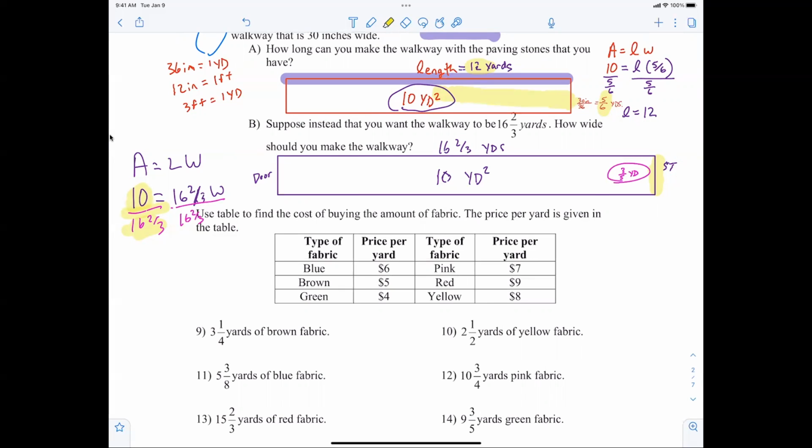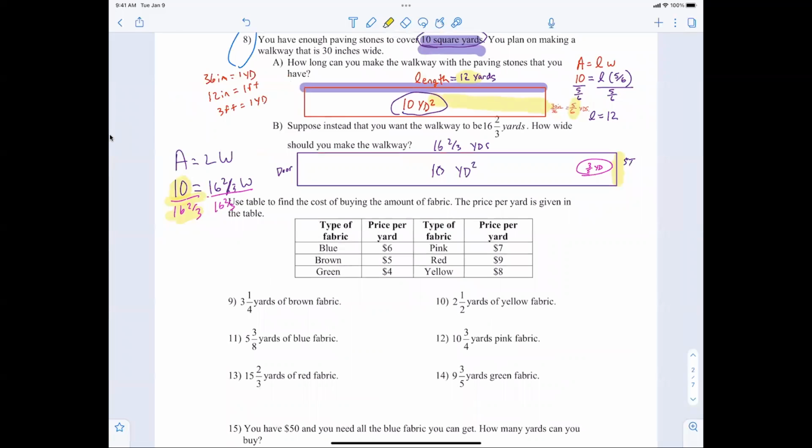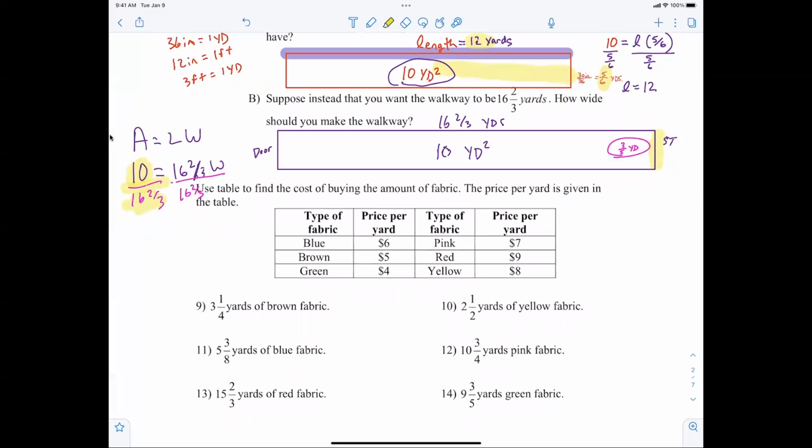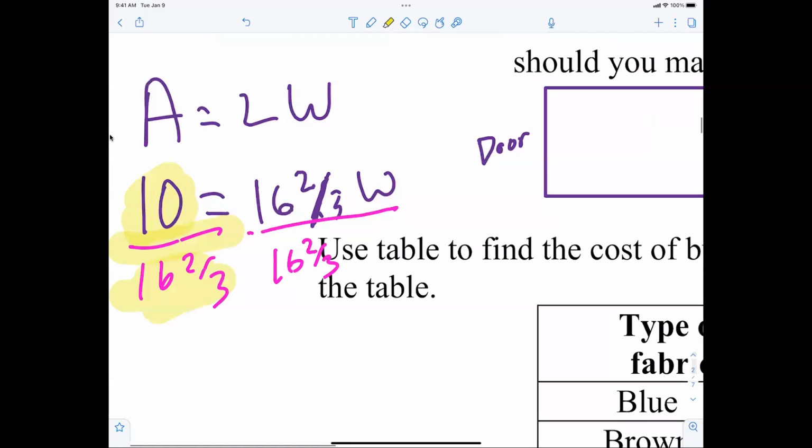With what? You have to tell me exactly with what, buddy. What do you mean the two? I don't see a two. A equals 2W. Where do you see that? That's an L. It's length times width. Area equals length times width.